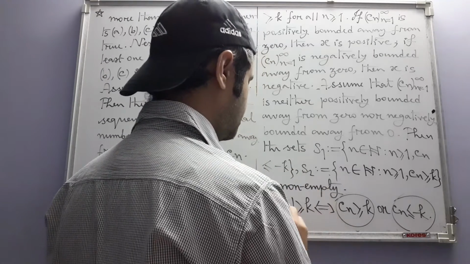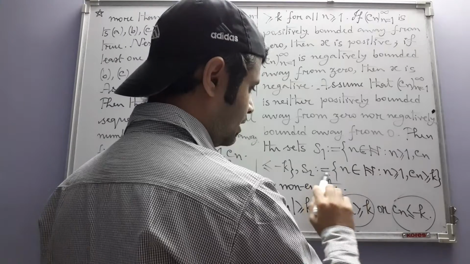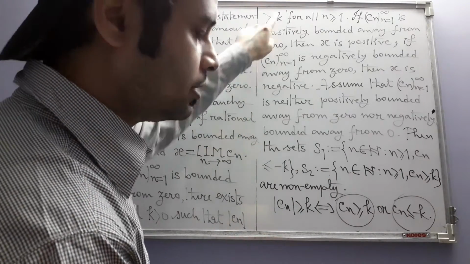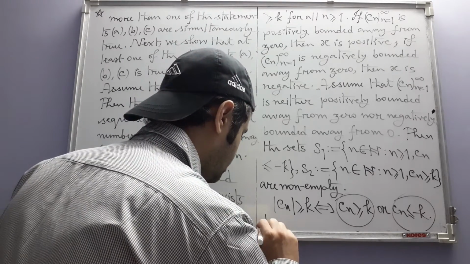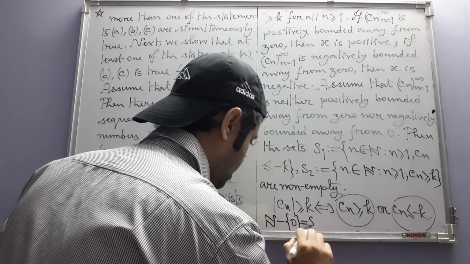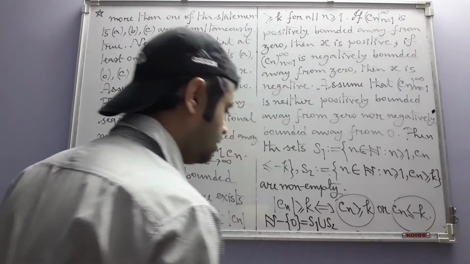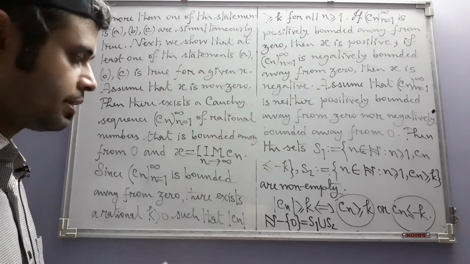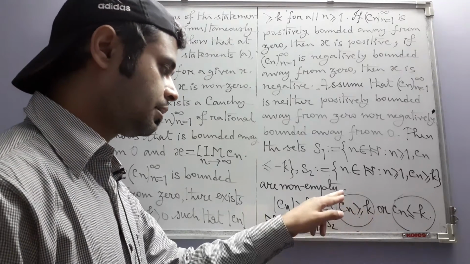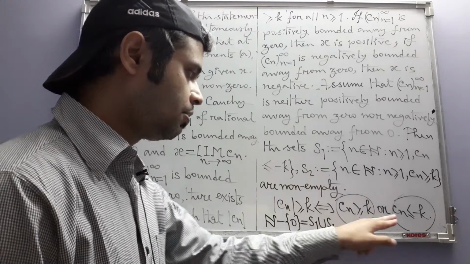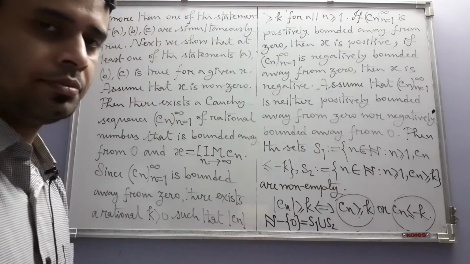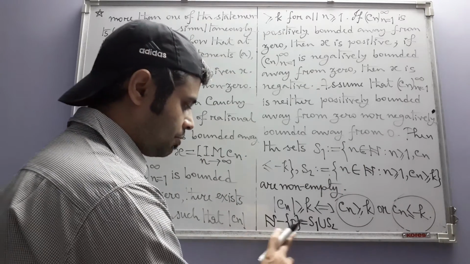The set of positive integers is equal to S1 union S2, because for a positive integer either this is true, in which case n belongs to S2, or this is true, in which case n belongs to S1.